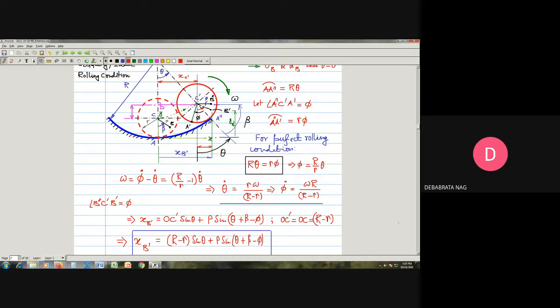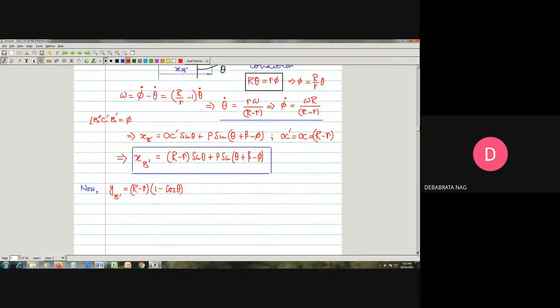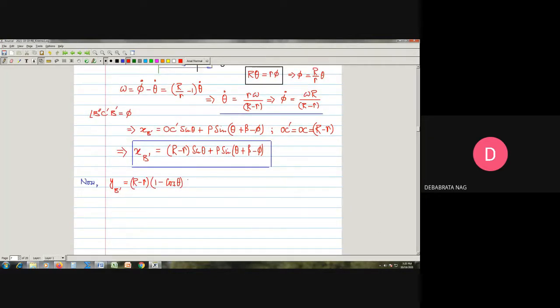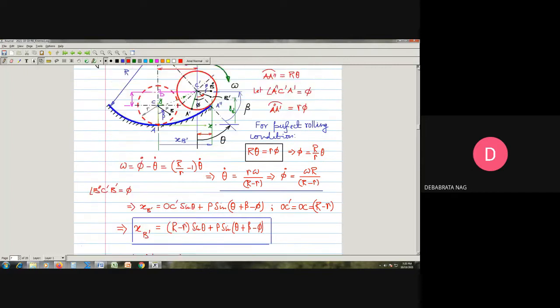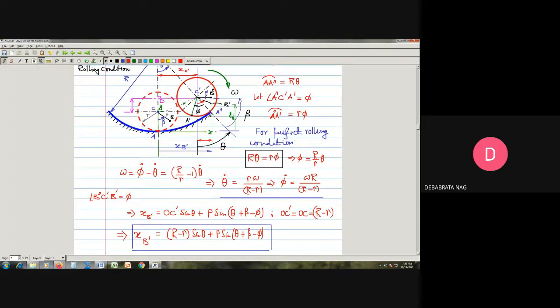We just add to it the distance small r, correct? So if we add it, then we will be getting directly the height of C dash from point A, right?